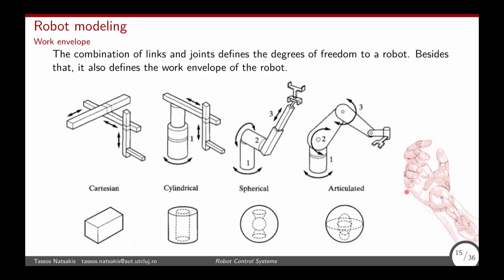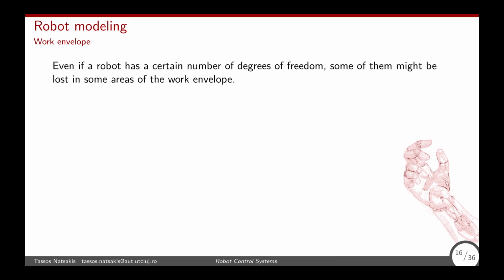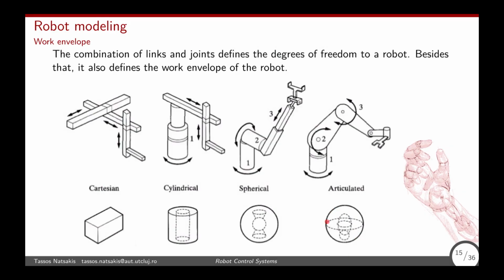All right. The work envelope shows us the volume that the robot can reach. However, we have to realize that the robot is not equally capable of operating in any point inside this work envelope, right?